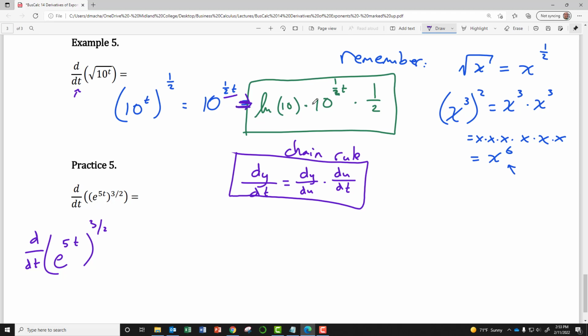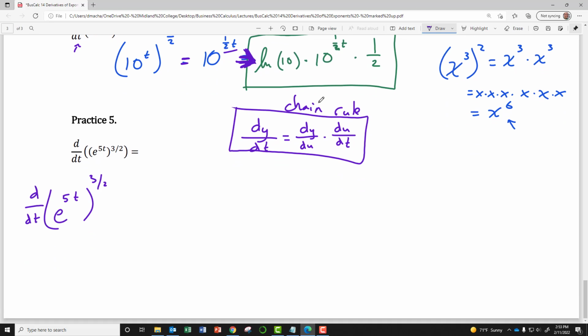Sorry, I just realized this is not an equality, but this is after having taken the derivative. So I'm not going to write an equal sign there. I'm going to write an arrow. Okay, so back to here.